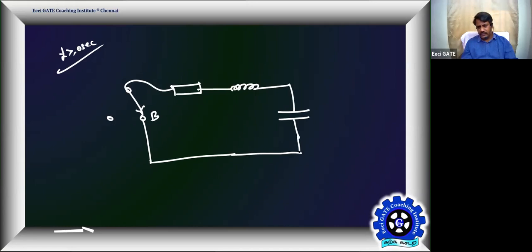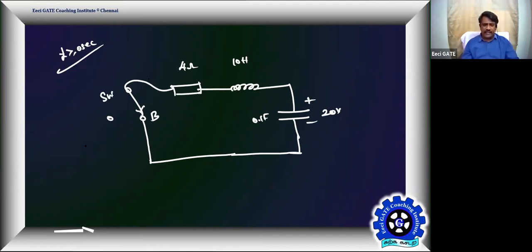That's your equivalent circuit. The capacitor is initially charged up to 20 volts. The inductor is 10 Henry, resistor 4 ohms, and the capacitor is 0.1 farad. Values are given. That's your switch position now.